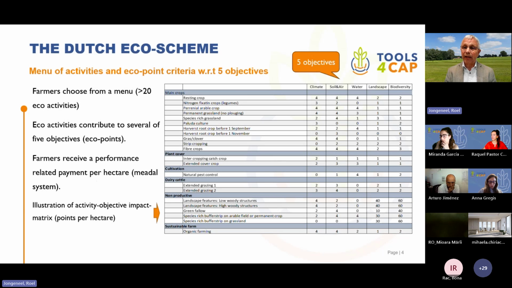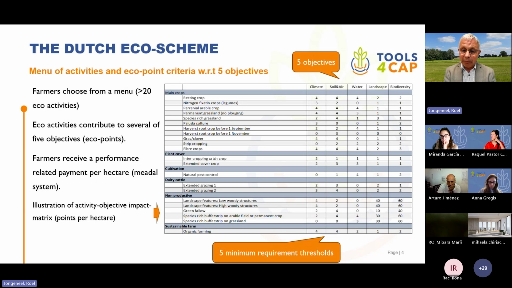So you have here 5 objectives: climate, soil and air, water, landscape and biodiversity. In the rows in the table, you see the different measures like resting crops, nitrogen fixation crops, permanent grassland, etc. A lot of different activities, and these activities contribute points on these 5 objectives, and they also contribute to a certain value.